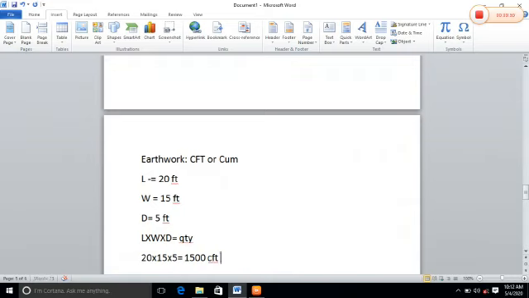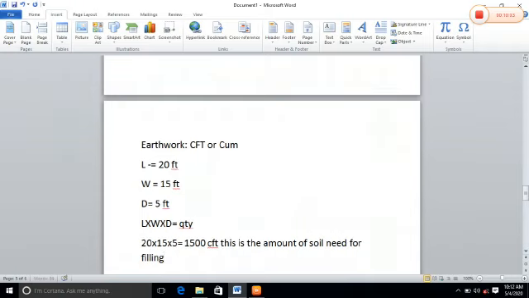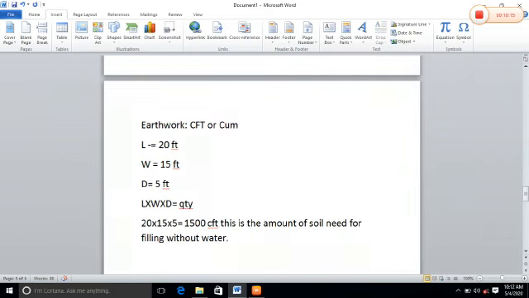So this is the amount of soil needed for filling without water. And when we provide water, its volume will decrease. So for that purpose, we have to multiply this 1500 with 1.3.